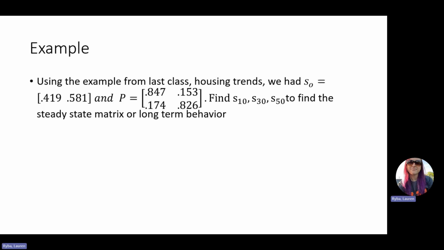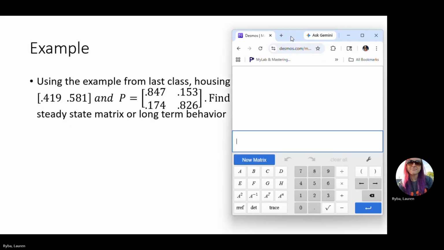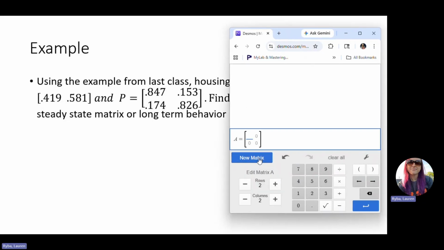So let me get my matrix calculator up here. I will enter my initial state matrix is 0.419, 0.581, and my transition matrix 0.847, 0.153, 0.174, and 0.826.